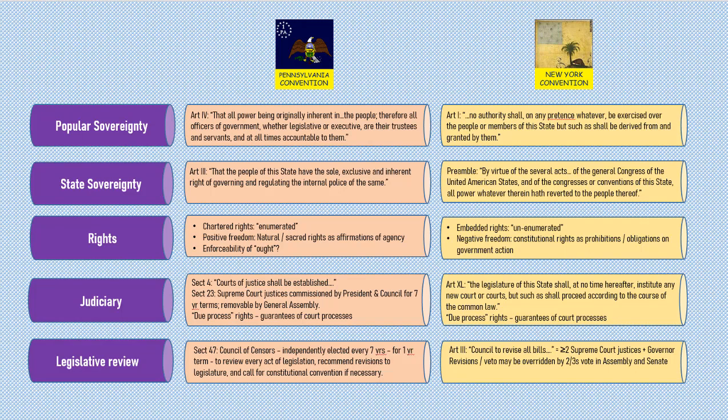In the second part of class, we looked at the core building blocks of these state constitutions, the legislative and the executive branches. The main idea to take away from that discussion is the way in which both the New York and the Pennsylvania Constitution give the preponderance of power to the legislative branch and make the executive branch subordinate to it.